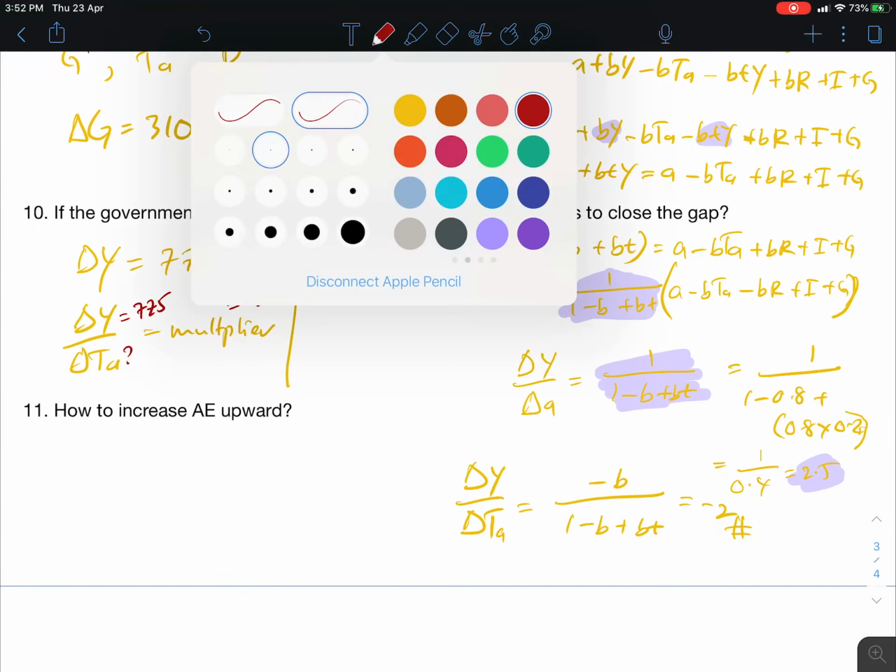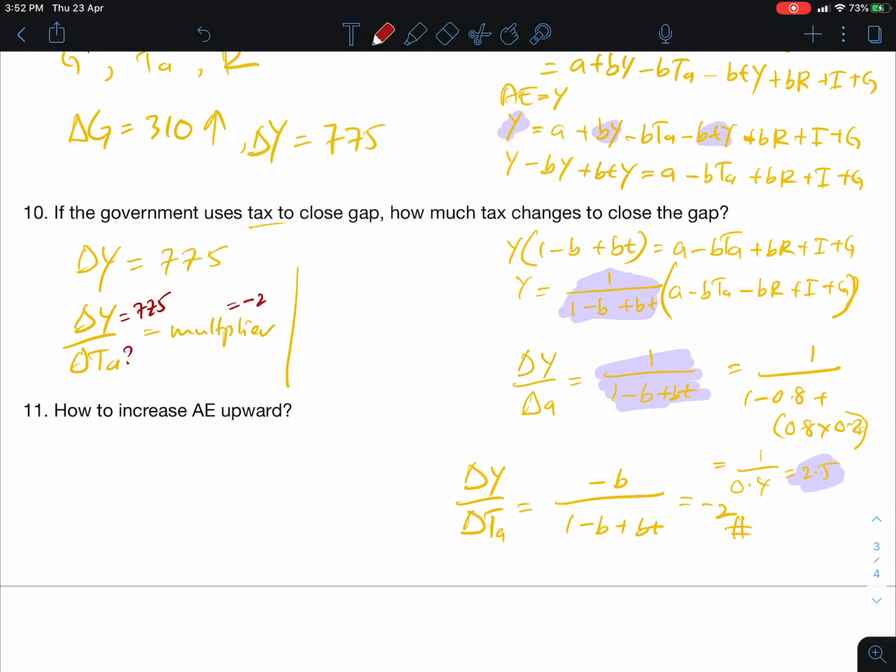Okay, jadinya senang saja. Perubahan Y divided by multiplier equal to perubahan TA, which is 775 million divided by minus 2.